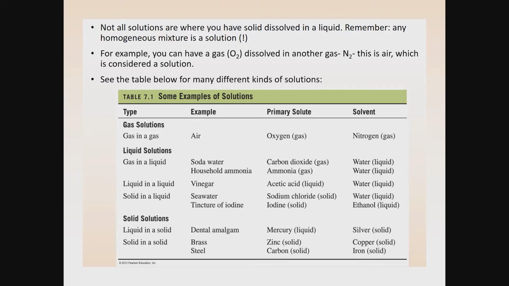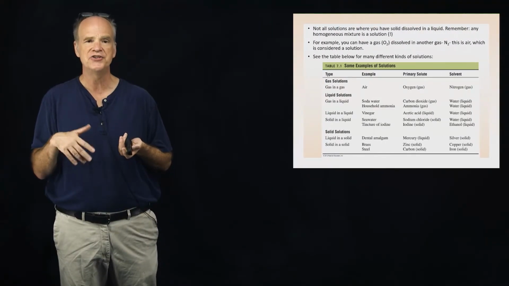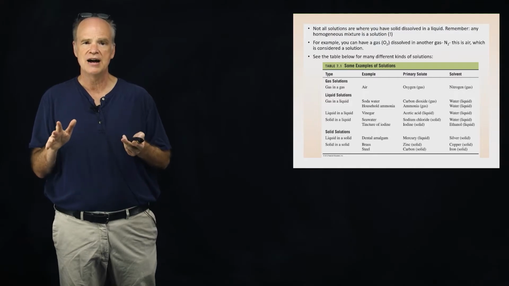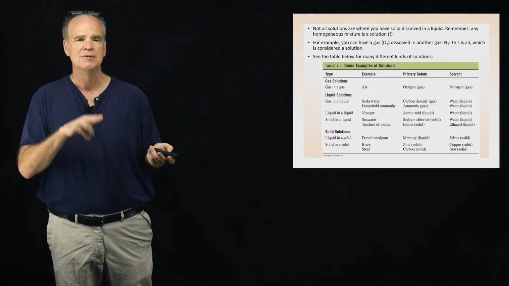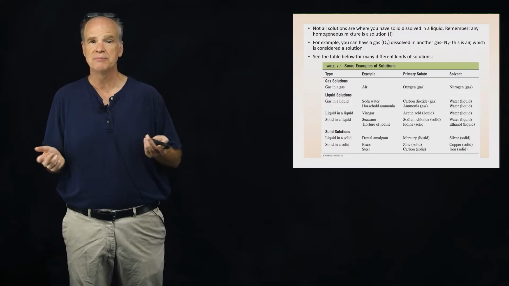And then also there are solutions of solids dissolved in solids, and we talked a little bit about that before. A good example of that is a penny, where the pennies before 1982 are made of a little bit of zinc element mixed in with copper element. And it's so thoroughly mixed that the penny will have properties sort of in between zinc and copper, more toward copper because there's more of it. But whatever those properties are will be the same wherever you would sample the penny.